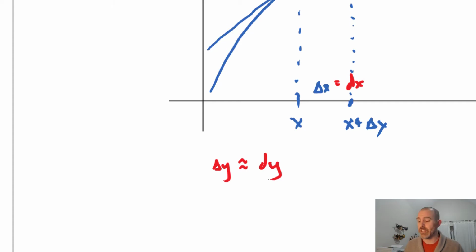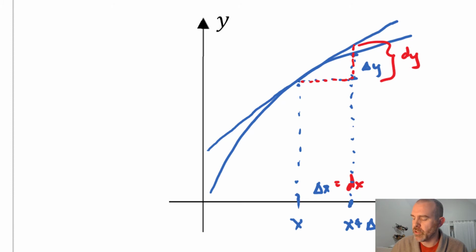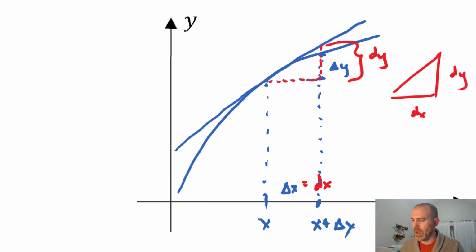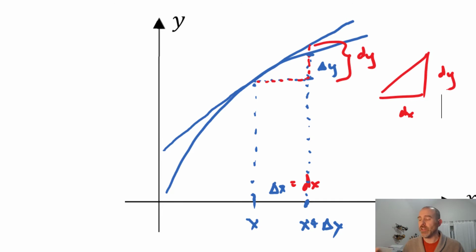So how do we get the change in the tangent line? Well, it's just a little triangle there. You have the change in x and then the change in y. We'll call it the differential dy, the change in y. If you take the ratio of those, it looks, of course, like your derivative.